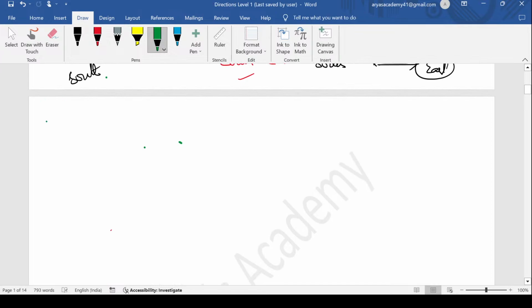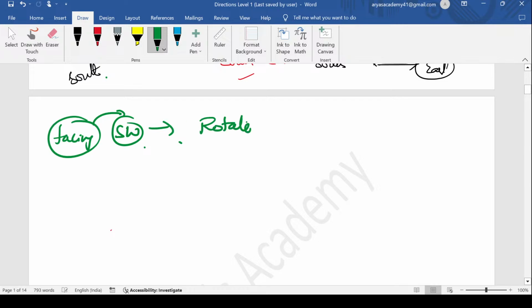So I'll be writing a few more questions. Facing southwest. Now rotate 270 degrees CW. CW means clockwise. Then 180 degrees anti-clockwise.